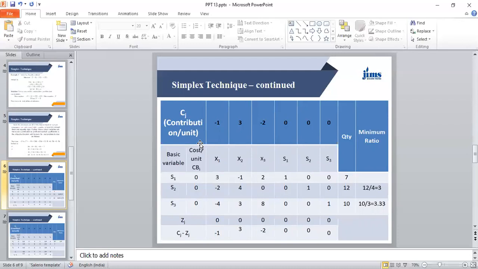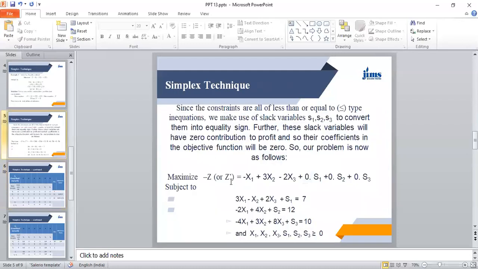Now I have already explained to you that in the maximization problem, or even in the minimization problem, we start with the worst possible solution. So our starting point is where the profit is 0 or negative. In a minimization problem, the cost is infinite.